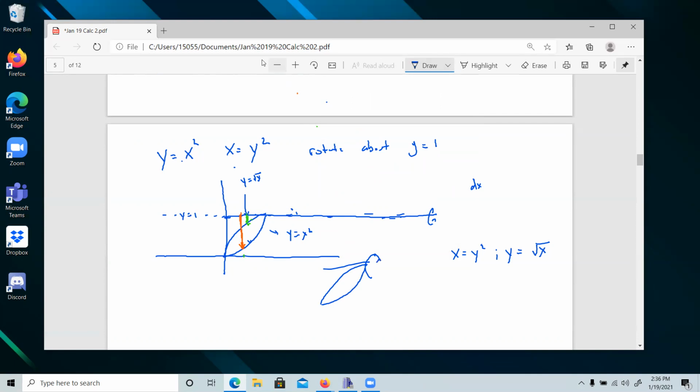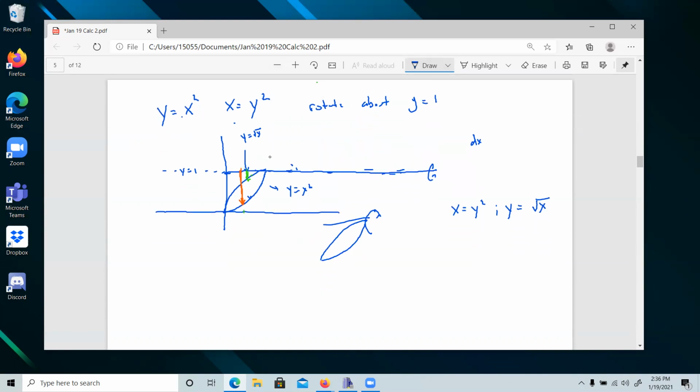Okay, so what does my outside function look like? Well, the outside function, right, the radius here, is 1 plus x squared, isn't it? Because it's 1 plus x squared to do all of this. No, I'm sorry, it's 1 minus x squared. We have 1, and then we have to take out a little bit here.